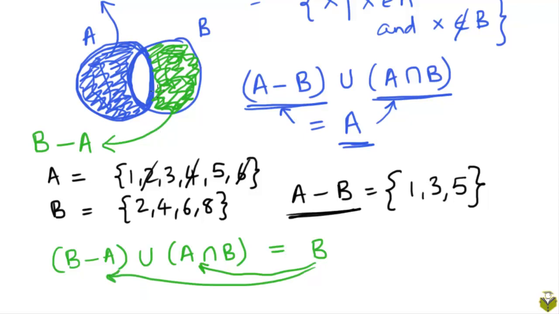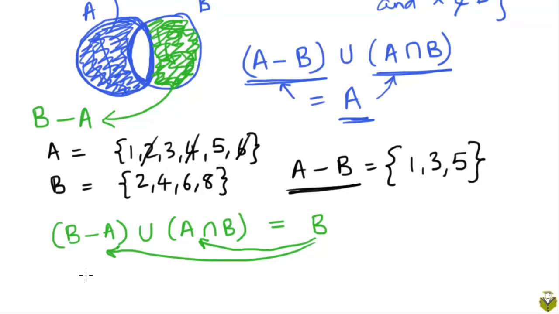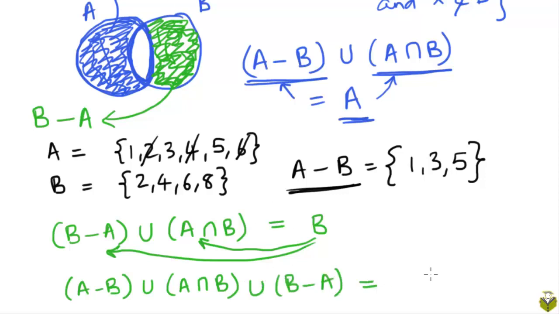And from this Venn diagram you can also state a longer equation, which is that if you take the set A minus B, which is this blue shaded region, take the union of that set with A intersection B, which is the region that's common to A and B, and then also add in the elements from the set B minus A, the resulting set will be the set A union B. So the set A union B is composed of three parts.